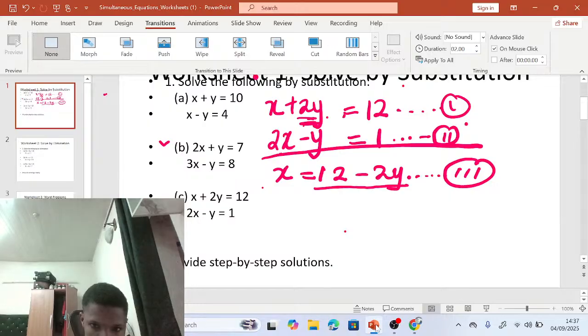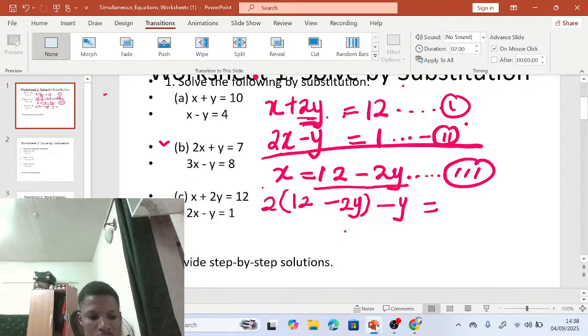So I have 2 times x. Our x is now 12 minus 2y. Then we already have minus y, and that's equal to 1.